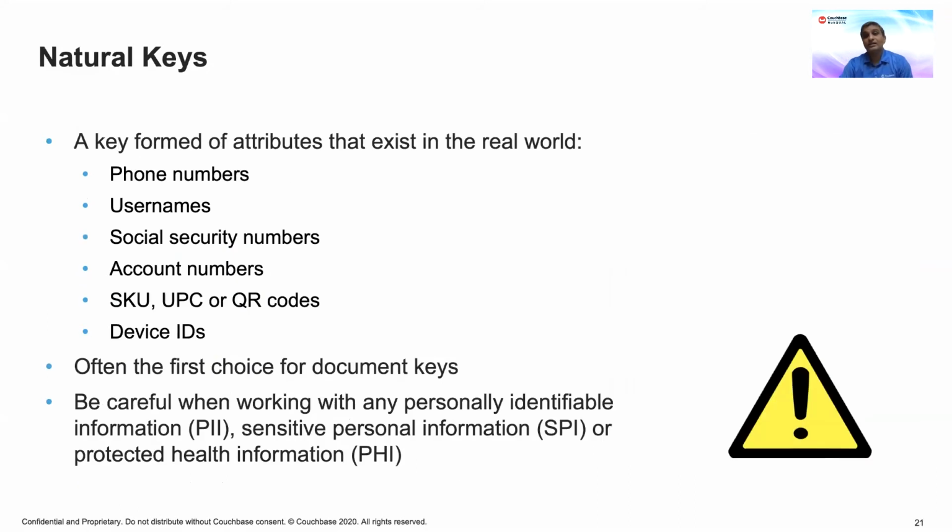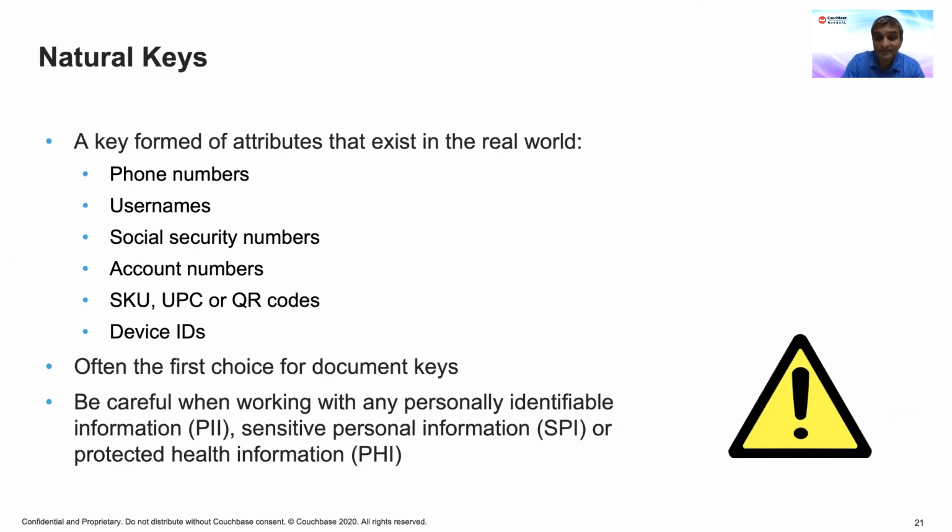So when you talk about the keys, there could be different ways how you want the keys. Keys could be natural or surrogate. What are natural keys? Natural keys are the ones that exist in the real world, like your phone numbers, your username, social security numbers, account numbers, SKU, UPC or QR codes, device IDs.